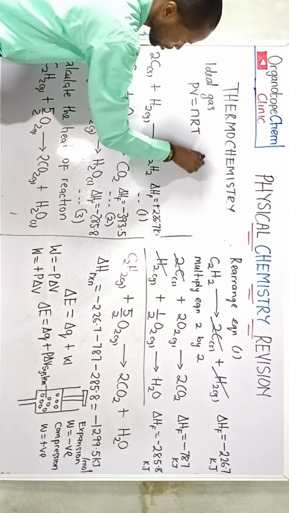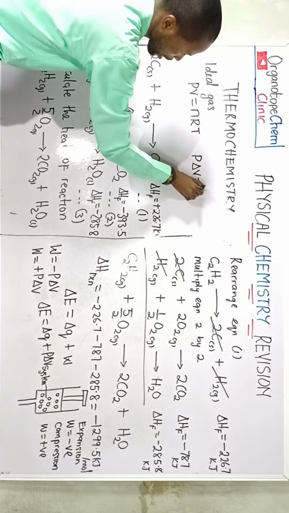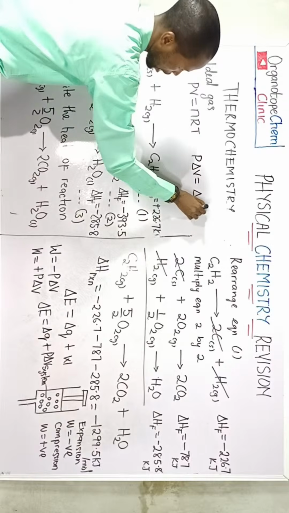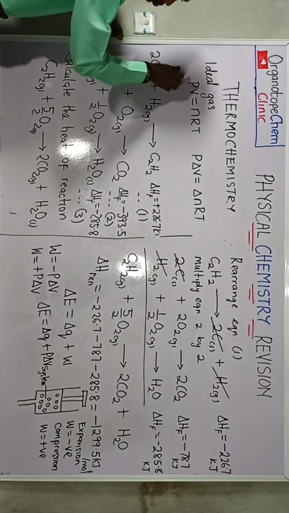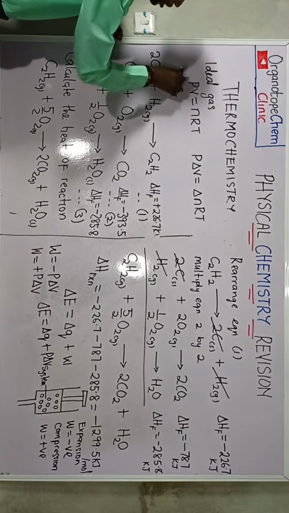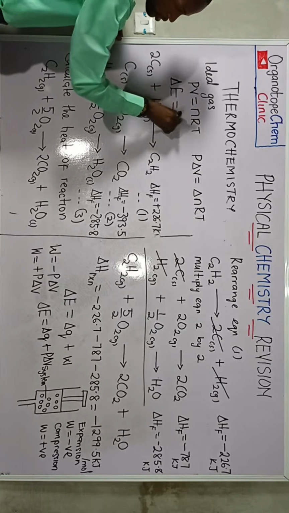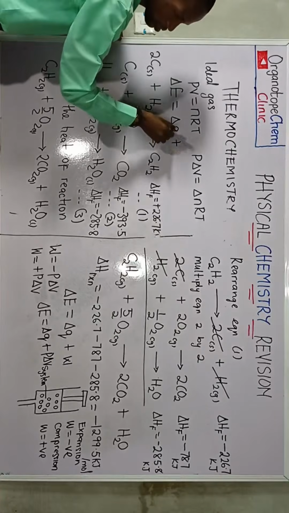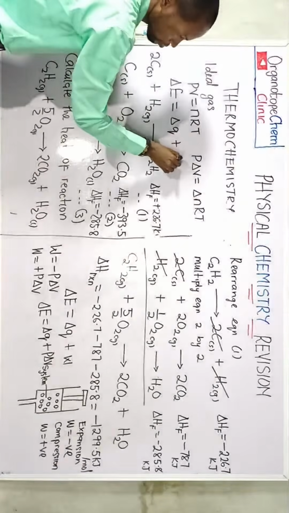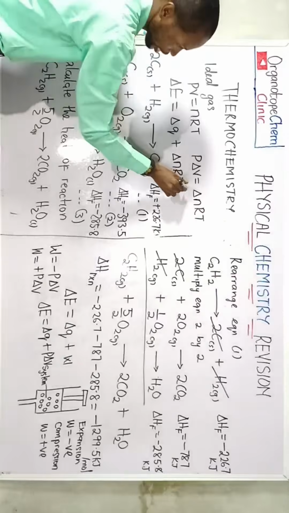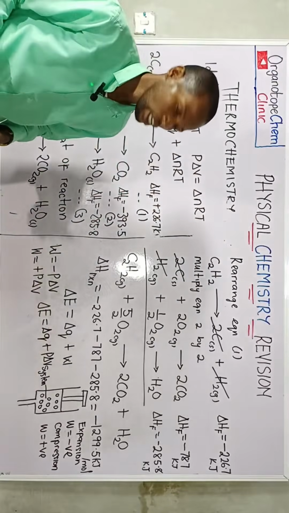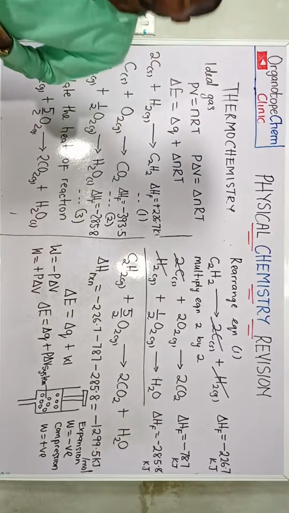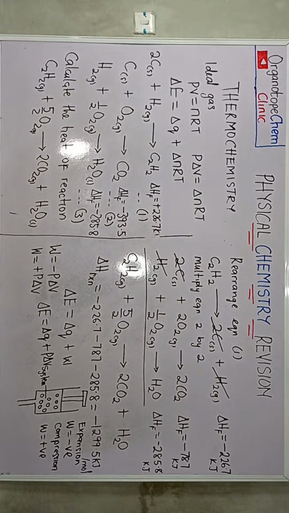For P change in V, we have change in what? nRT, okay? So the expression right there becomes change in internal energy equals change in quantity of heat, then we have nRT. Okay, I can substitute nRT in place of what? P change in V. If you are okay with this, type okay.